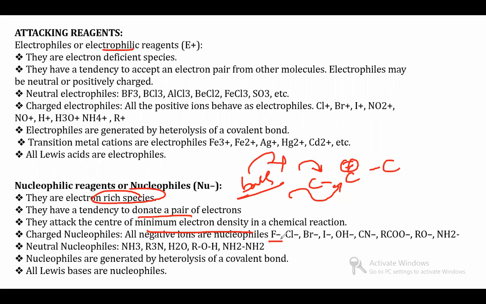Negatively charged ones: F minus, Cl minus, I minus, OH minus, RCOO minus, NH2 minus, R minus, etc. Neutral ones like NH3, because it has a lone pair of electrons; R3N, a nitrogen compound; H2O, where oxygen has lone pairs; ROH, an alcohol, where oxygen has lone pairs. These can donate a pair of electrons and act as nucleophiles.